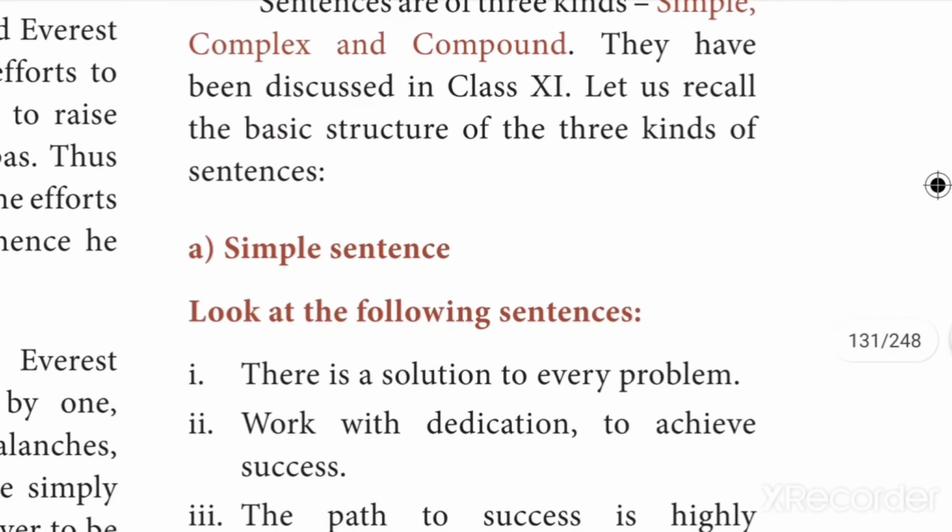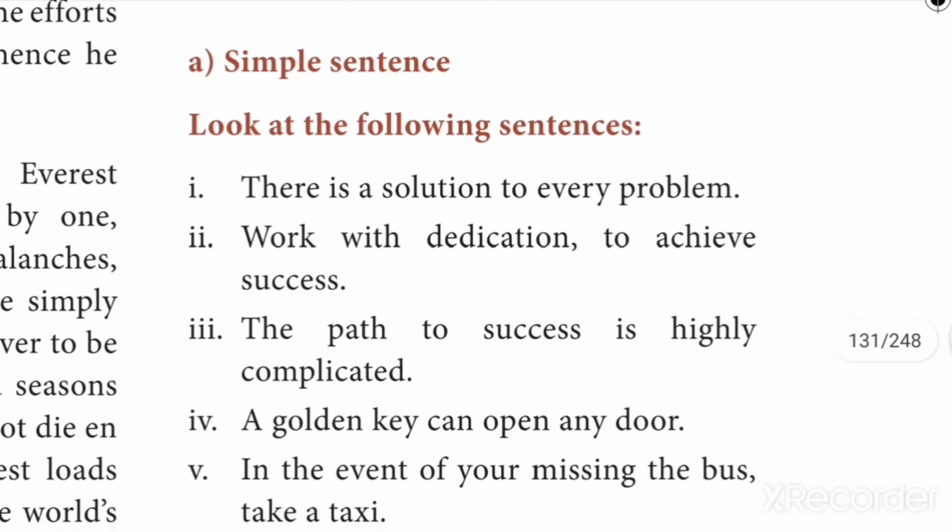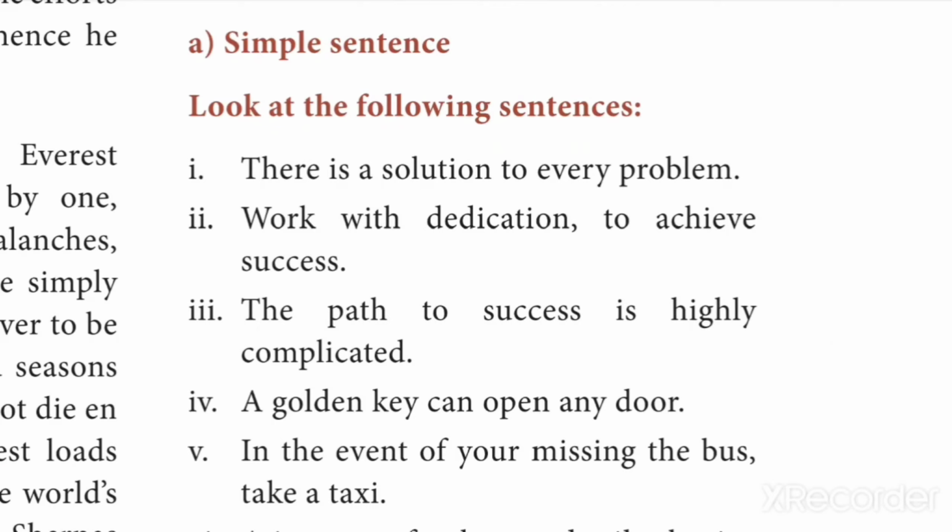At first, they have given us examples for simple sentences, and let's take a look at them. Number 1, there is a solution to every problem. Number 2, work with dedication to achieve success. Number 3, the path to success is highly complicated.